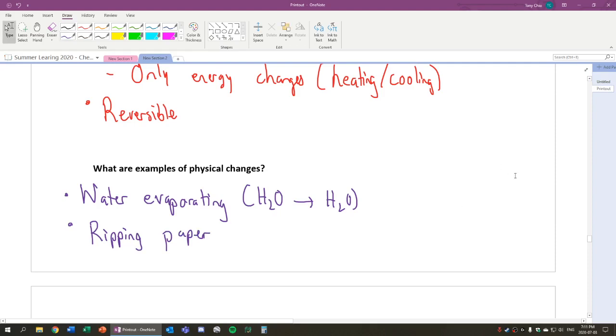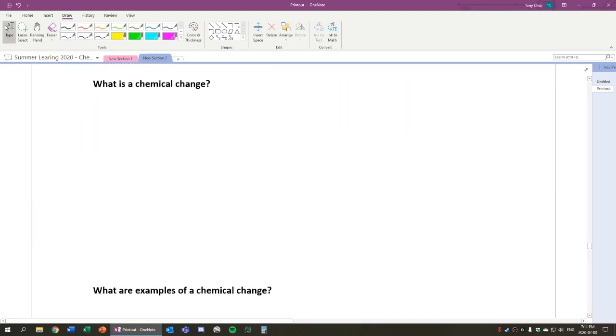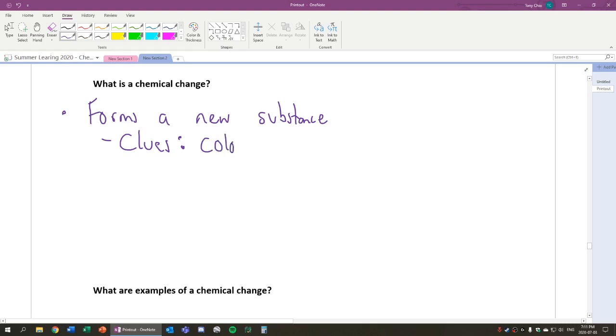So if that's physical change, what is chemical change? Chemical change is usually defined as any kind of change that forms a new substance. And here are some clues that this is happening. There's usually some color change, for example. There is usually some heat or light produced. Bubbles form.